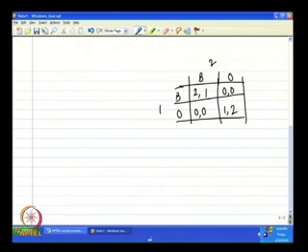Now in this case, if player 2 is playing action B, player 1 has 2 actions to choose from, B or O. Now action B for player 1 is giving him 2, while action O is giving him 0.